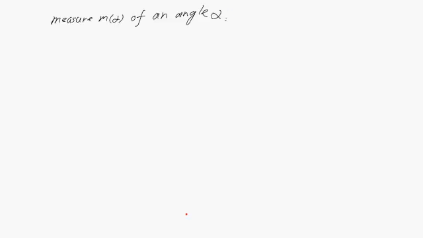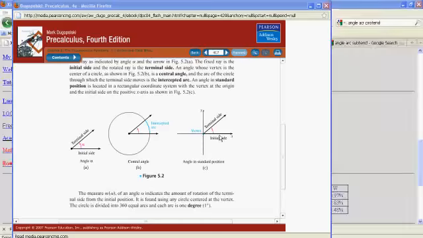Let's go back to the textbook. And you look at this initial side and this terminal side. So the amount of rotation of this terminal side away from the initial side is called the measure of this angle alpha.